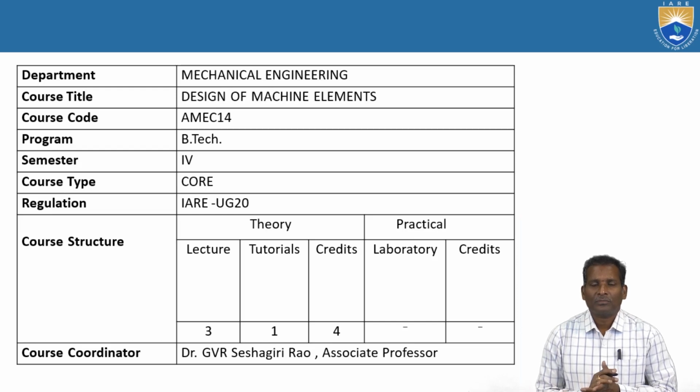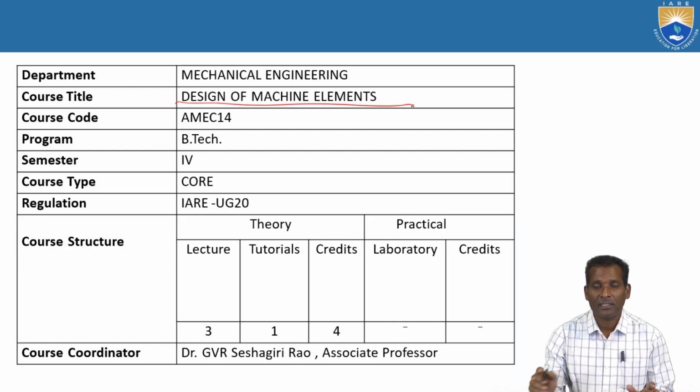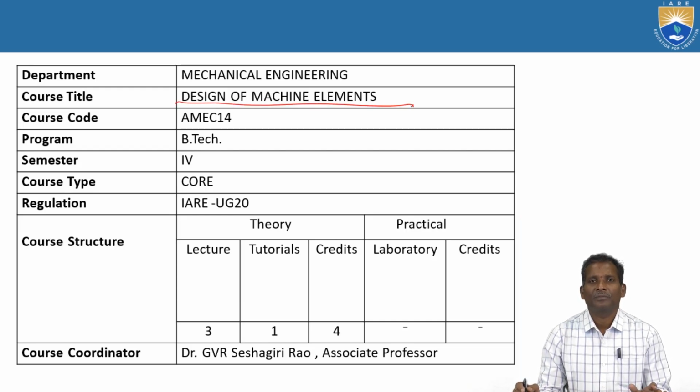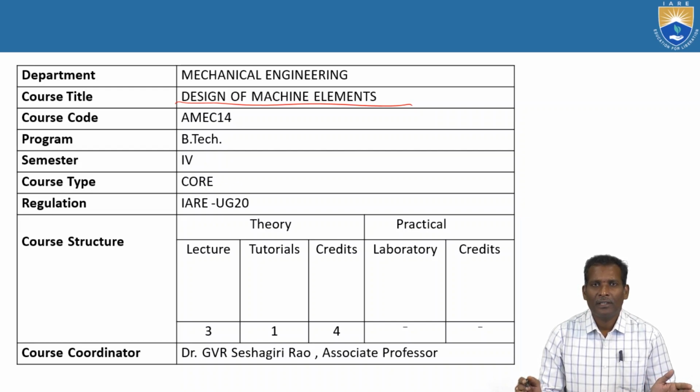Now, coming to our subject, the design of machine elements. The course title is Design of Machine Elements. Up to now, we have learned what outcome based education is, what CO and PO are, and the assessment methodologies.